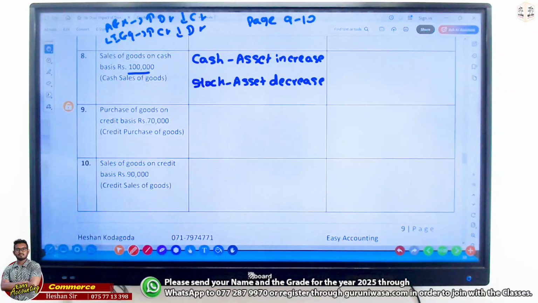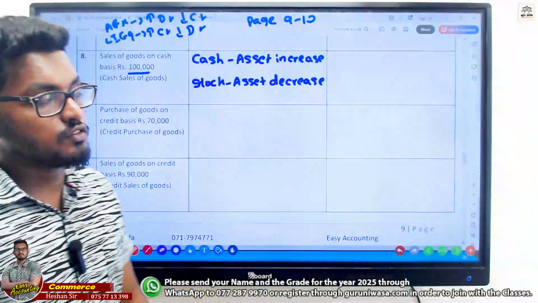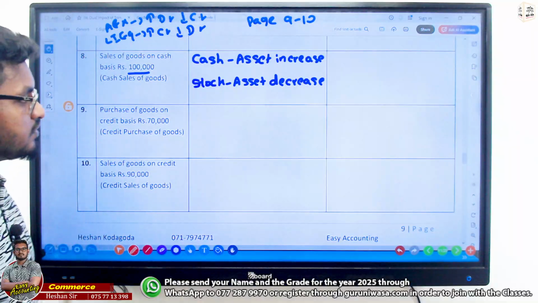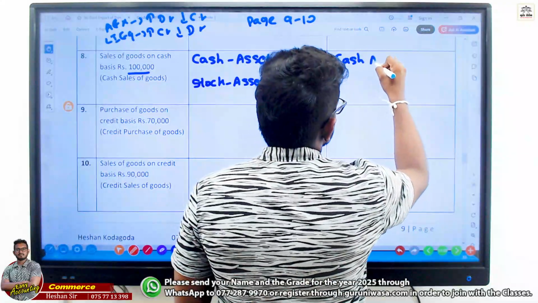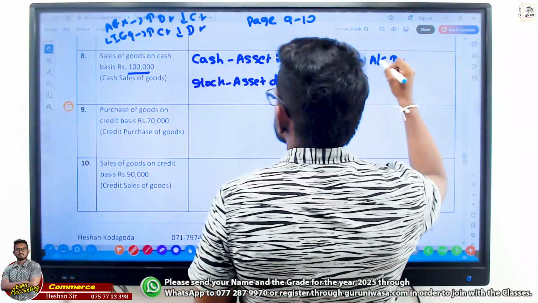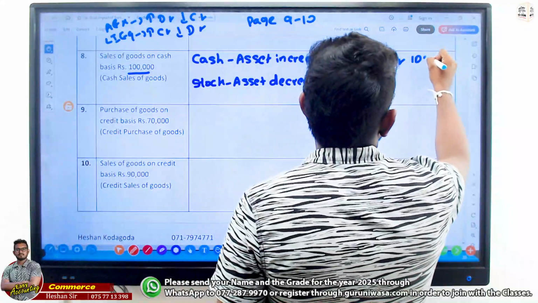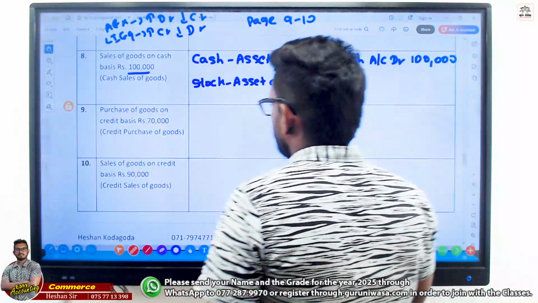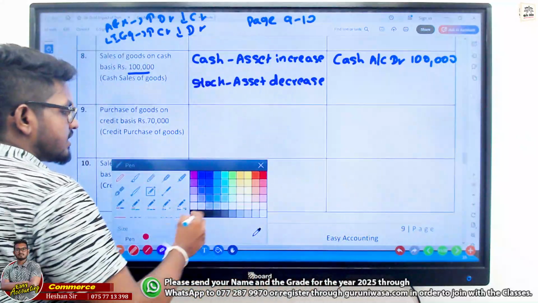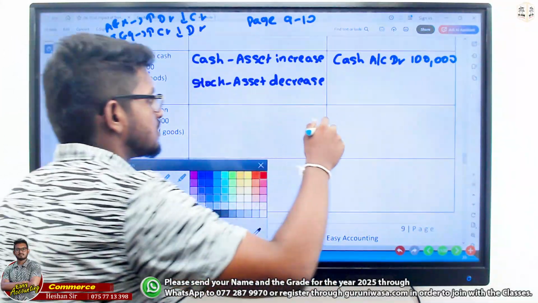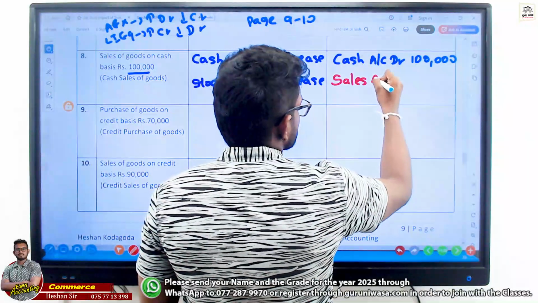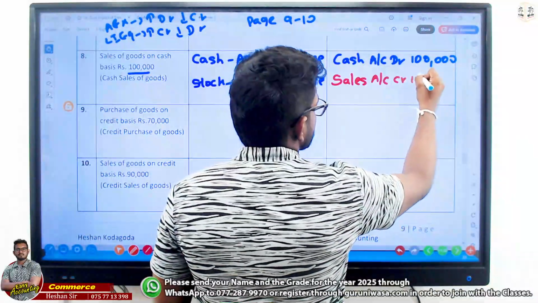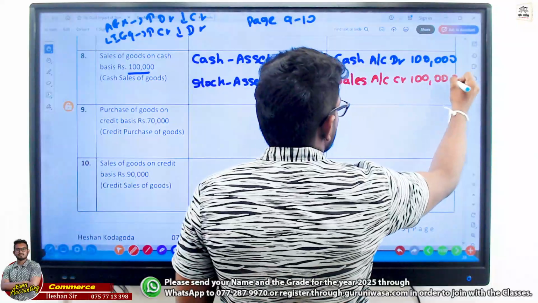Right. Let's go to the double entry, be careful. When we receive cash, cash asset increase, so cash account debit 100. I told you, when we sell stocks, though our stocks go out, to calculate the profit earned through stocks, we need to concern it as sales account credit. Why?